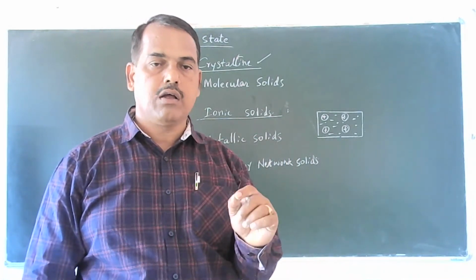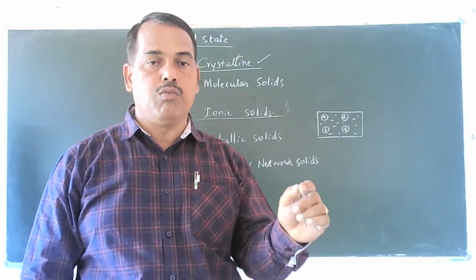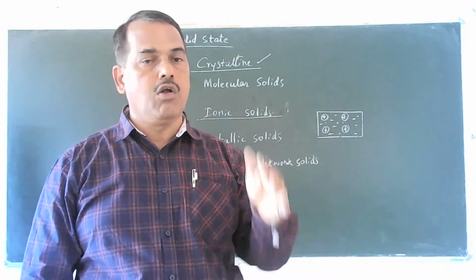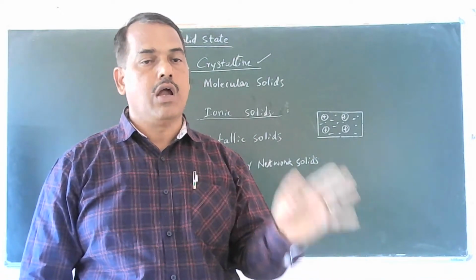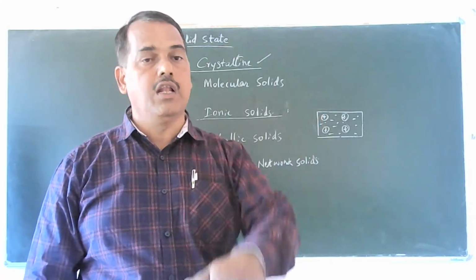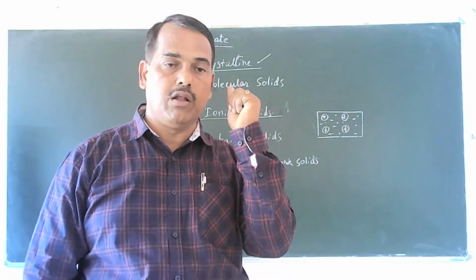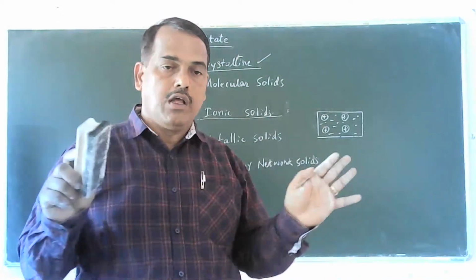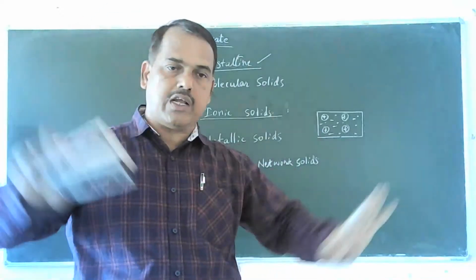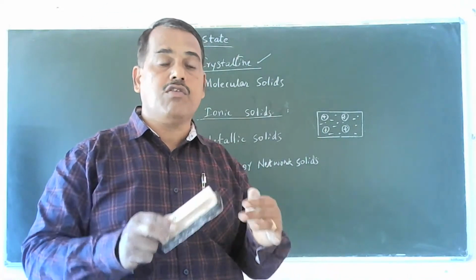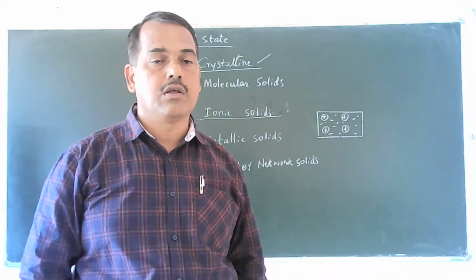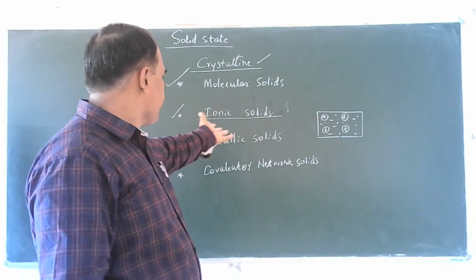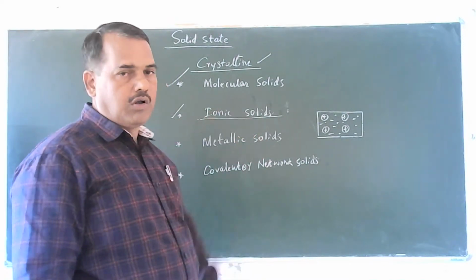The constituent particles are here metal kernels, which is nothing but the positive part, which is surrounded by delocalized free electrons, and those electrons are called mobile electrons, not your mobile. Are you clear? They are free to move in the entire lattice. So therefore, metals are good conductors of heat and electricity. Okay, so resistance is very less. That is nothing but a metallic solid.